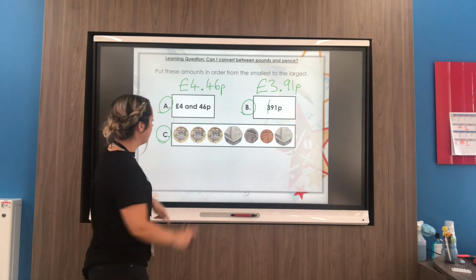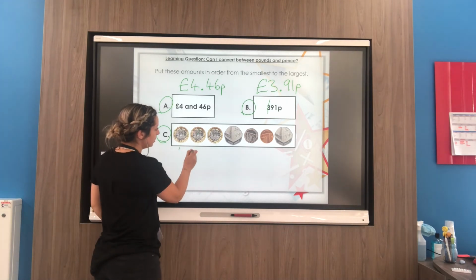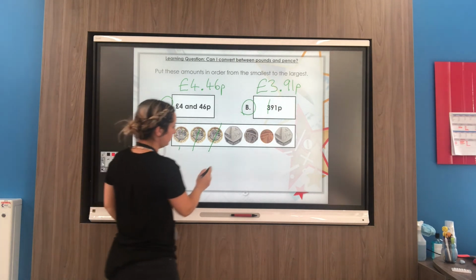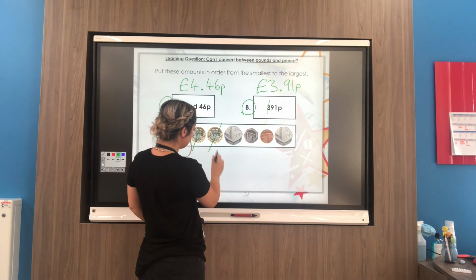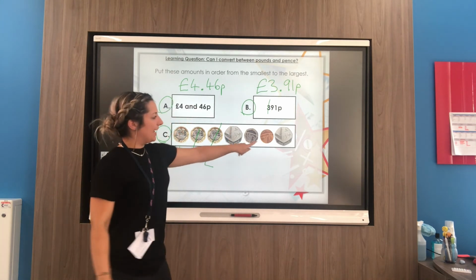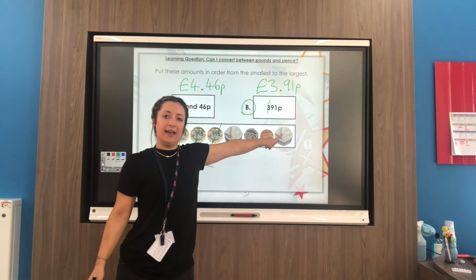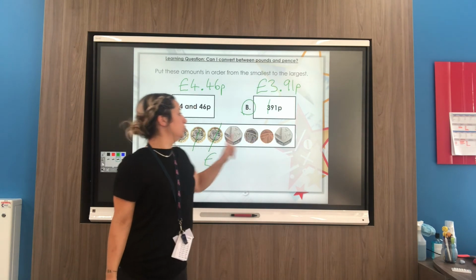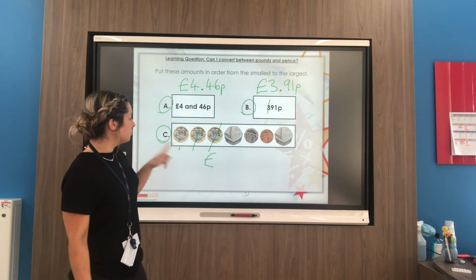So let's count with the pounds. £1, £2, £3. We've got £3 there. £3.50. And now I've got another 50 pence there, and I know that 50 add 50 is 100. 100 pennies is the same as £1, so I haven't got £3.